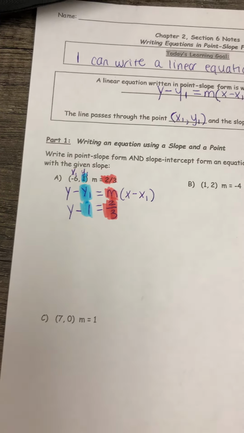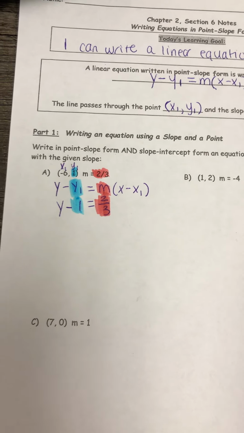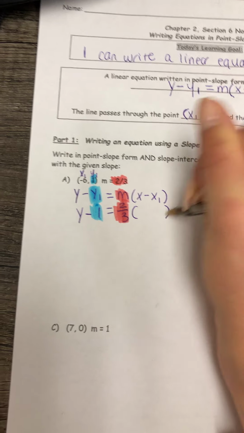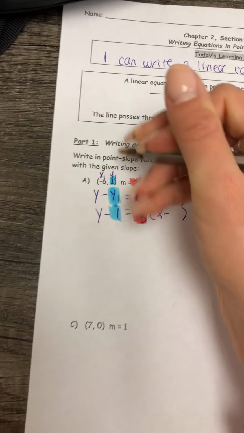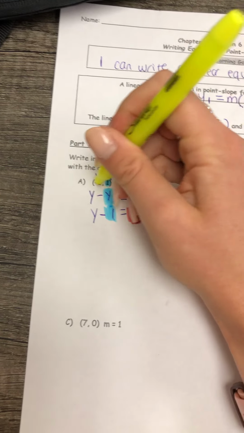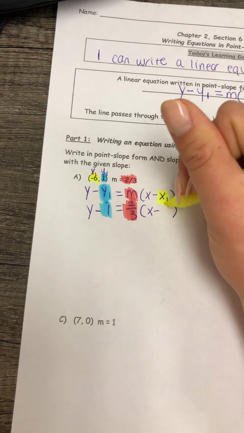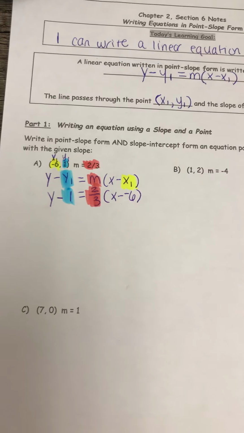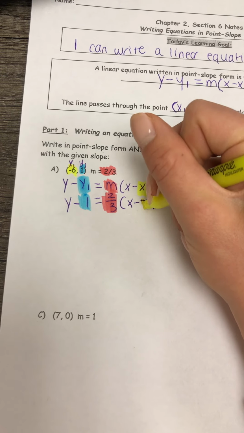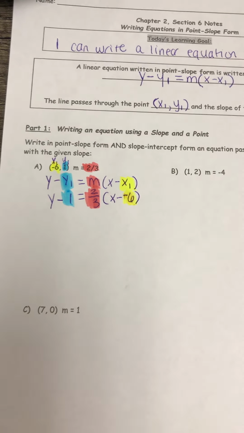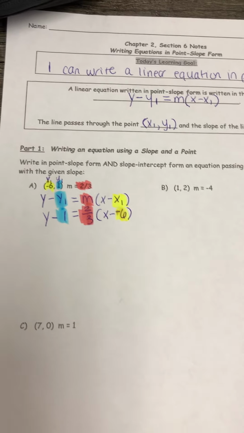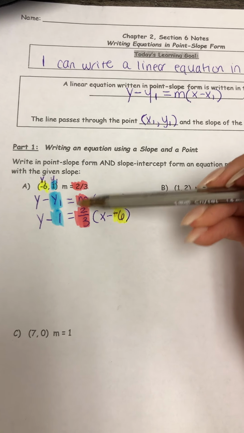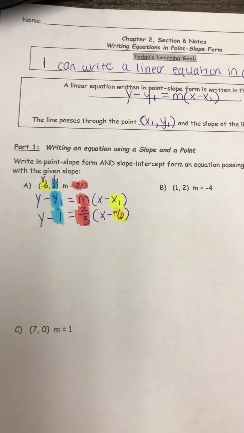I'm highlighting just so you can see what's going on. And this is times x minus x1. x1 is -6. So that means I am subtracting -6. So all I did in this first step was just plug in my values where they belonged.